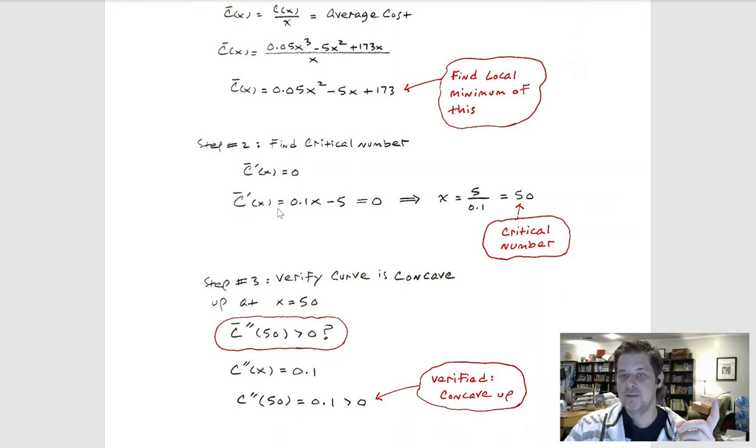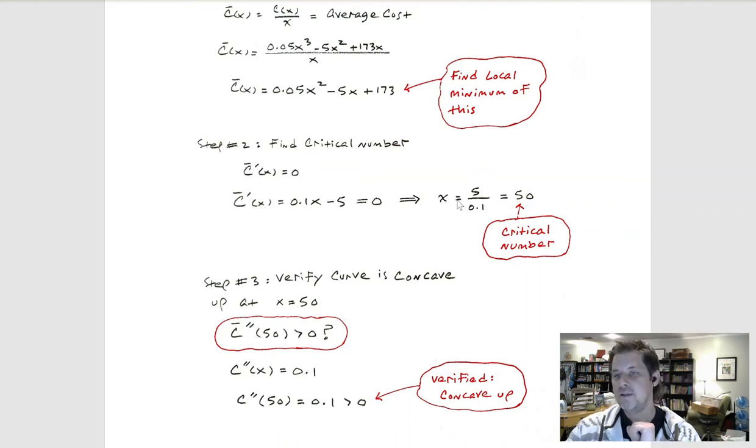So the first derivative of the average cost is 0.1x minus 5. Setting it equal to 0 and solving, I get 50. 50 is the critical number.